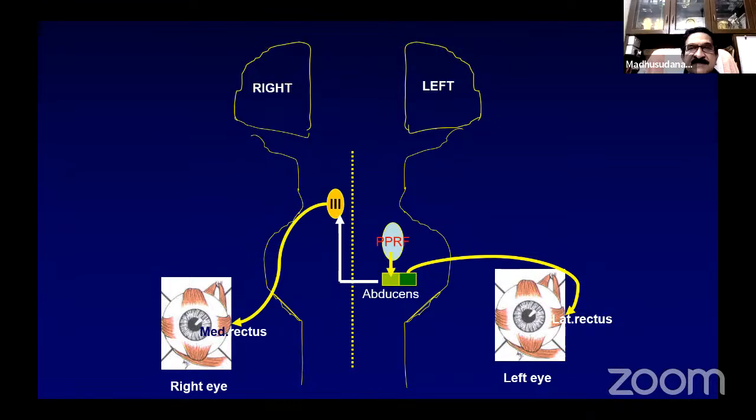This abducent nucleus is driven by the PPRF, the paramedian pontine reticular formation, which produces the excitatory burst neurons for the abducent nucleus. The PPRF is again stimulated by the contralateral frontal eye field. The fibers descend to the brainstem, cross to the opposite side, and supply the same side. So this is the gaze pathway.